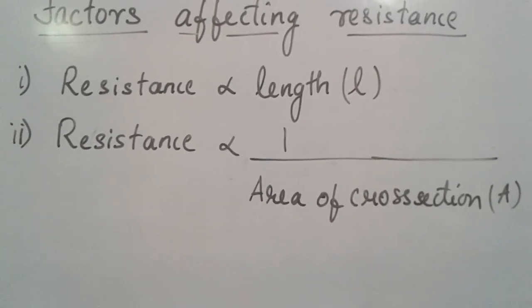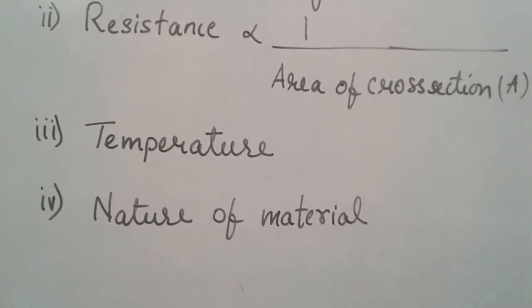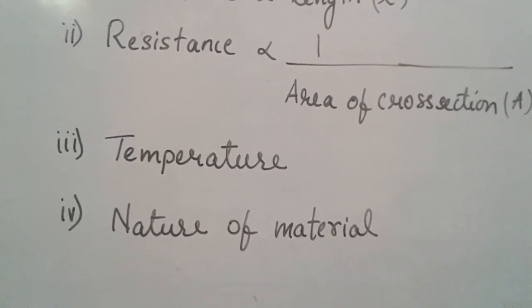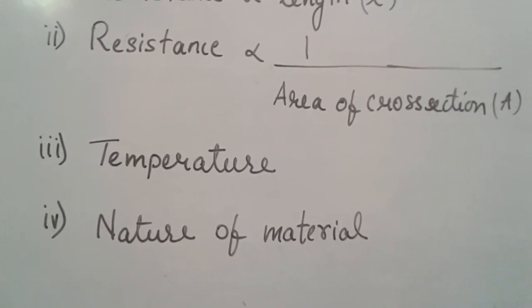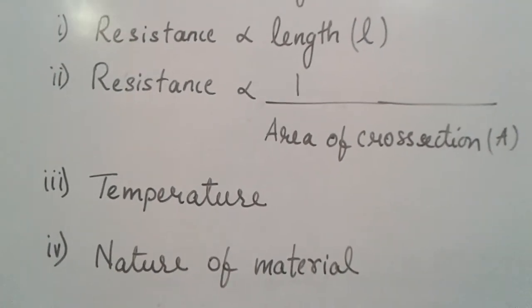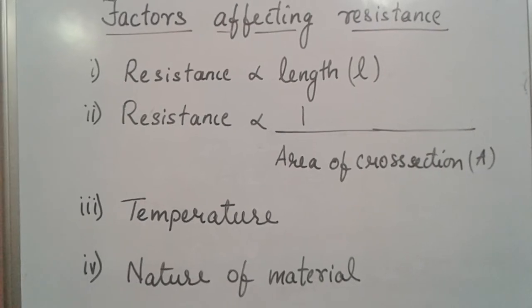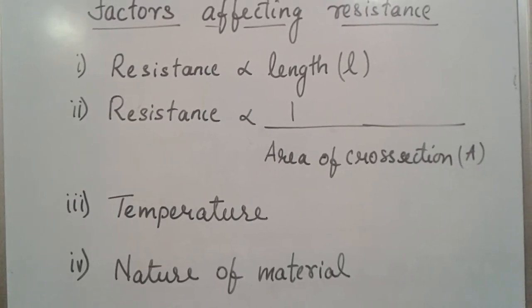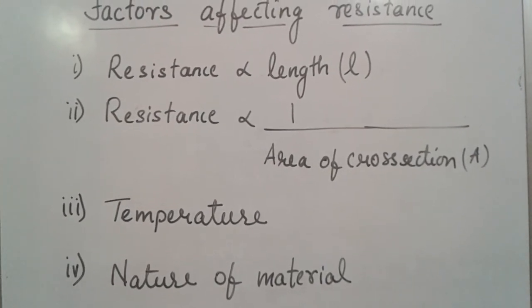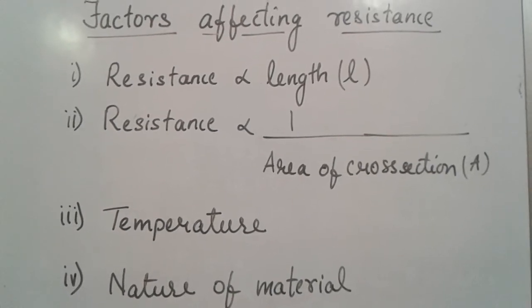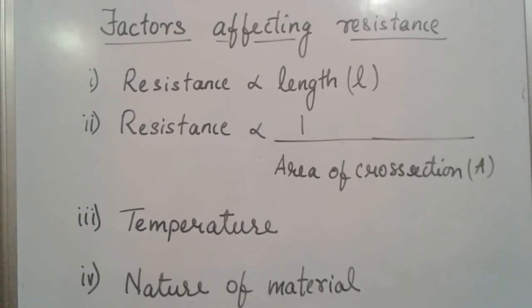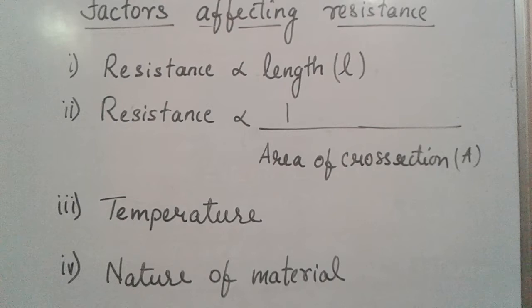They have an inverse ratio. Another factor on which resistance depends is temperature, and the last one is the nature of material. So we have four factors affecting resistance: length, area of cross section, temperature, and nature of material.